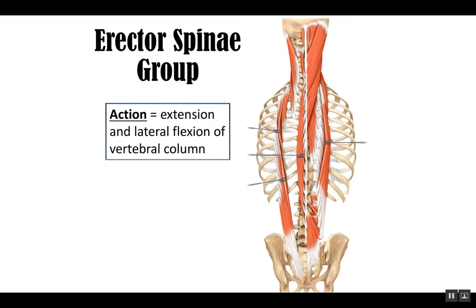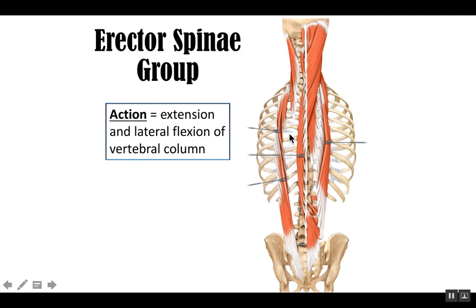The antagonistic muscle group to your abdominals is called the erector spinae group. This is a group of muscles. We're not going to learn all the different muscles of the erector spinae group, but they're all deep muscles in the back, so this is a posterior view. They're kind of pulling them away. There are very long muscles that run longitudinally here.